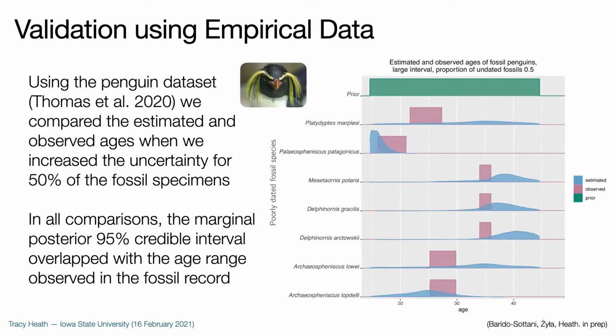And the same is true in the reverse. If we have more information in the morphological data, even with the diffuse time information associated with that fossil, we can then better inform our phylogenetic analyses overall and lead toward more robust and reliable inferences.